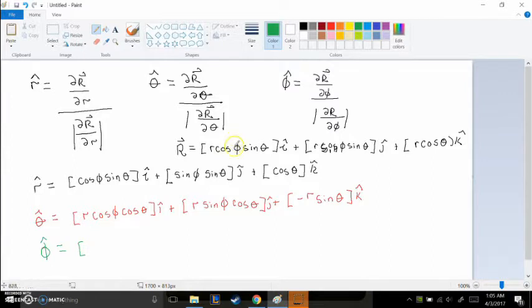So now, let's look at this one over here and take the derivative with respect to phi. So we're going to get a minus sine of phi times the constants. Plus, let's go ahead and take a look at this one. We're going to get a cosine of phi, so r sine theta cosine phi.